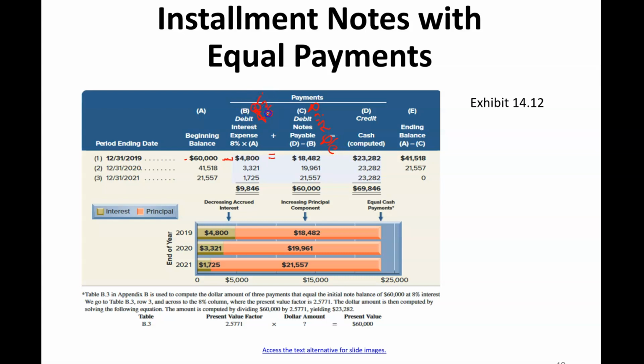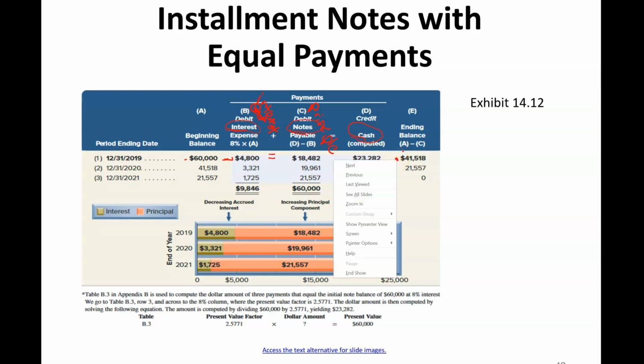Your interest plus your notes payable amount gives you the cash that's required for the payment. Okay. If you take $60,000 minus the principal, that gives you $41,518.